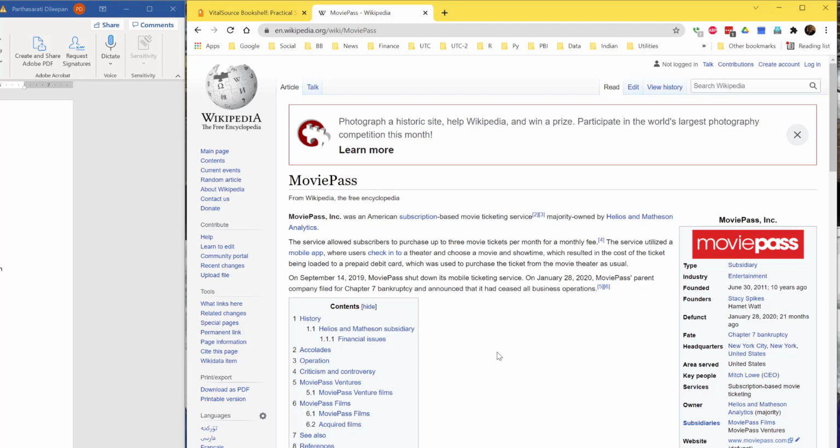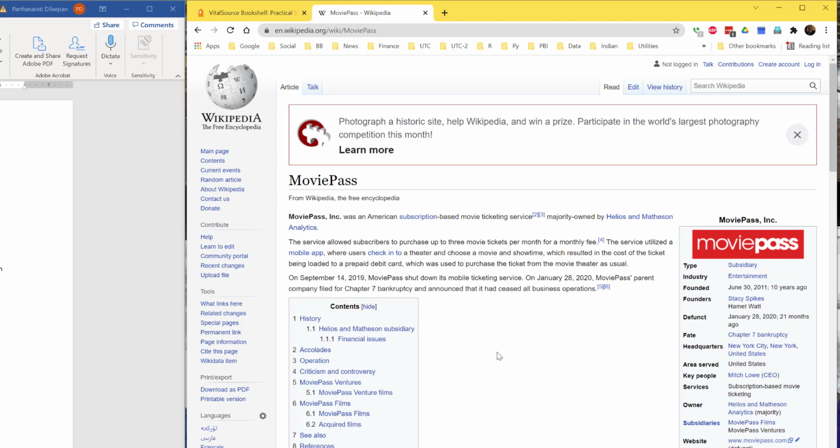Initially, I think it was like 2 or 3 movies per month, and if you paid full price for those movies, it would be much more than your monthly subscription. At one point, they offered one movie per day, so that was a lot of incentive, and that resulted in a heavy increase in subscriptions to the company.